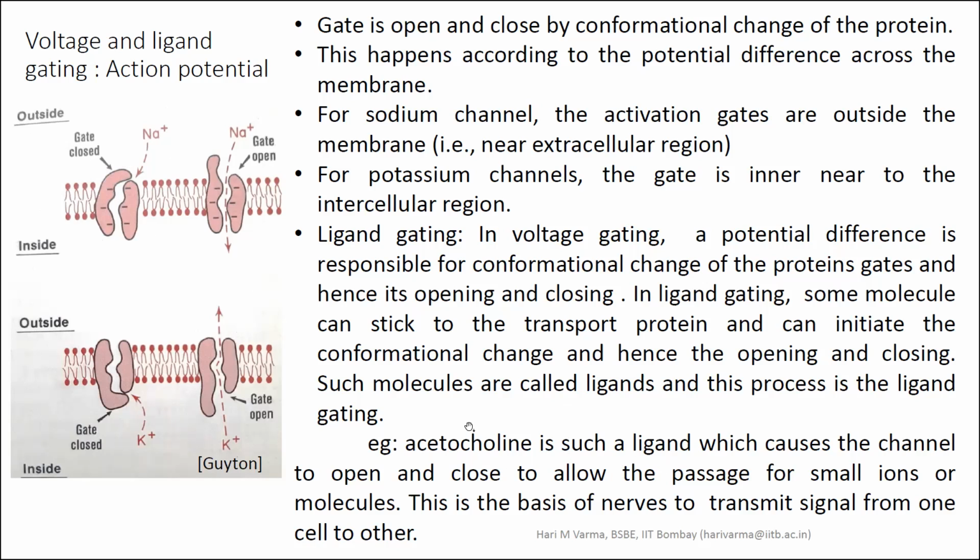Such ligand gatings are very important in neuronal sensing, for example sensations like touch and eyes. All these things are based on neuron cells, and in neuron cells this type of ligand gating happens a lot. If time permits, we will cover that part in a very quick way. So we have ligand gating and voltage gating, but right now, for this electrical activity, we are trying to see only the voltage gating for the time being.